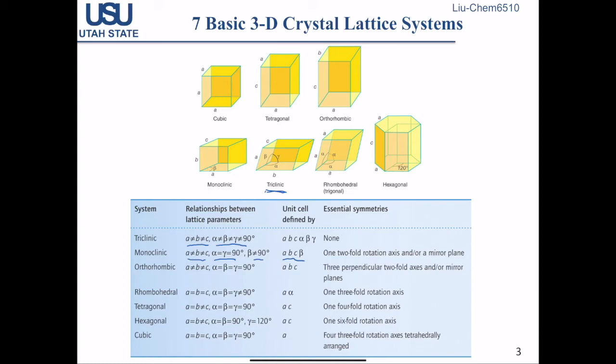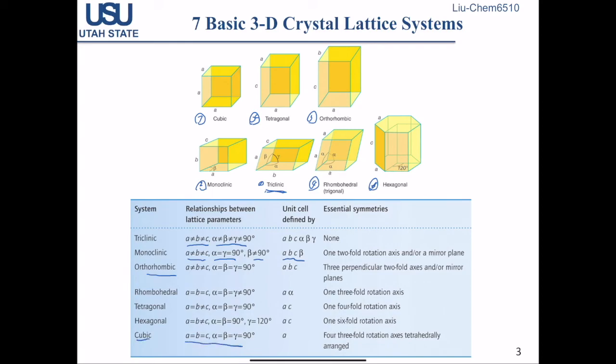And we have orthorhombic, rhombohedral, tetragonal, then hexagonal, and cubic. And cubic has the highest symmetry.